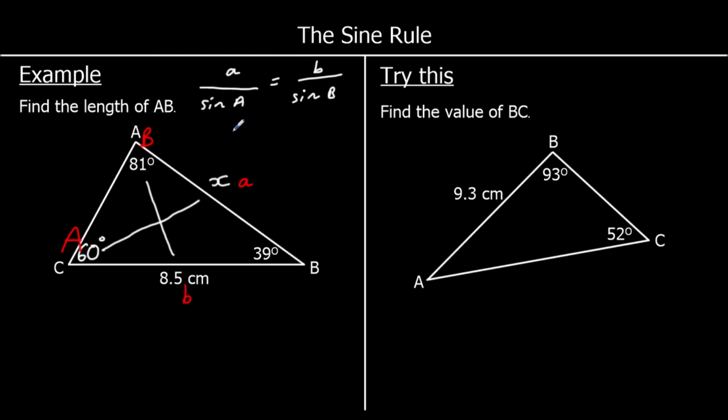So A over sine A, so X over sine 60 equals 8.5 over sine 81. So X over sine with its opposite equals 8.5 over sine with its opposite. We want to get X by itself, so we're going to multiply both sides by sine 60.